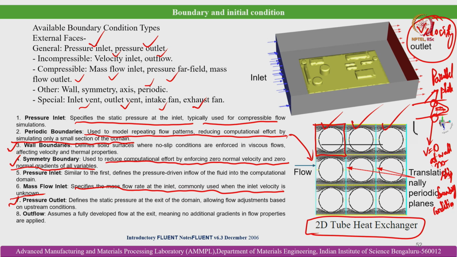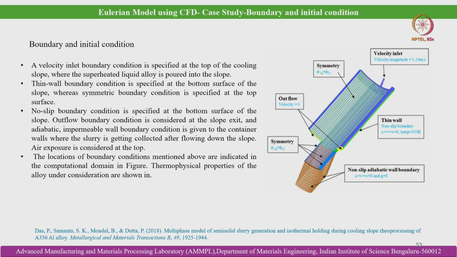In that case, the velocity at the exit of the flow domain will be automatically adjusted based on the specified pressure at the exit boundary. And then the final one is the outflow boundary condition. It assumes a fully developed flow at the exit, which means that no additional gradients in flow properties are applied.